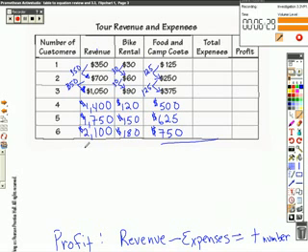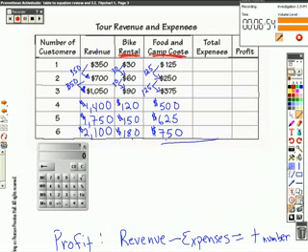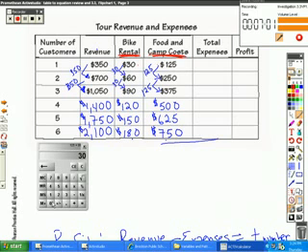Now, for total expenses, remember, total expenses is anything that you spend money on. Revenue is money that I'm bringing in. So the only expenses are my bike rental and my food and camp costs, because that's what I'm spending money on. So what we need to do is add the bike rental fee and the food and camp cost. So 125 plus 30 equals 155.